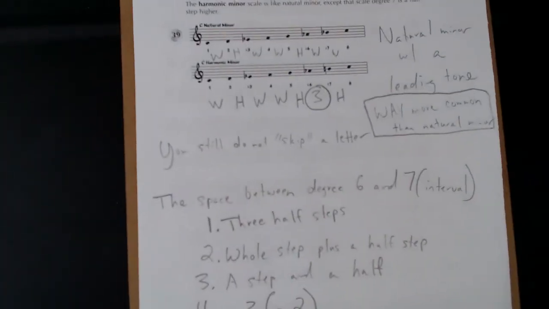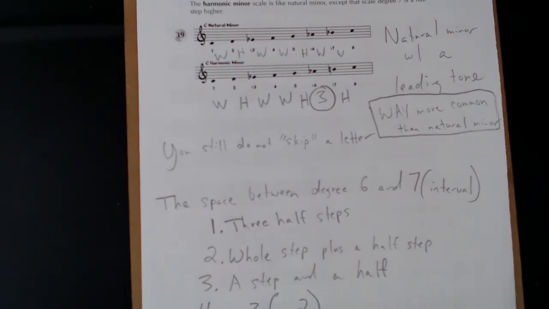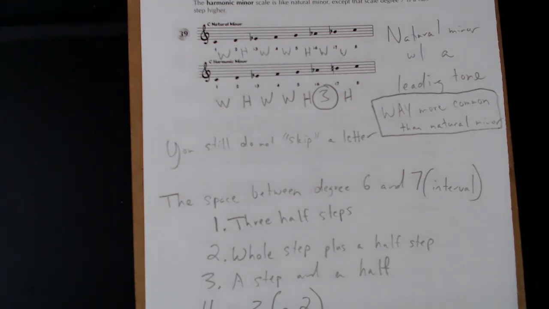All right, going back to the actual construction, you're going to take your natural minor scale and you're going to raise the 7th scale degree. That is your natural minor scale, and it is going to become this.